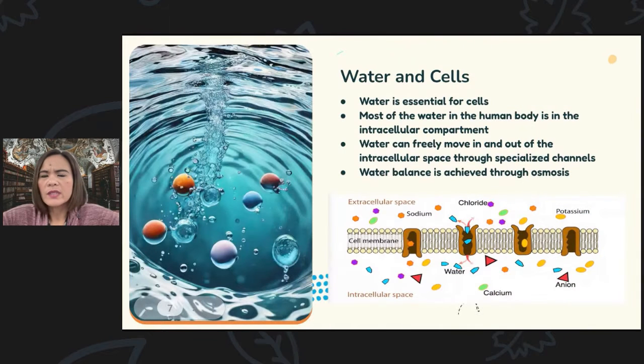Now, water is essential for all cells, and most of the water in the human body is in the intracellular compartment. And water can freely move in and out of the intracellular space through specialized channels. And as soon as the amount of water is equal on the inside and the outside of the cell, a balance is achieved through osmosis.